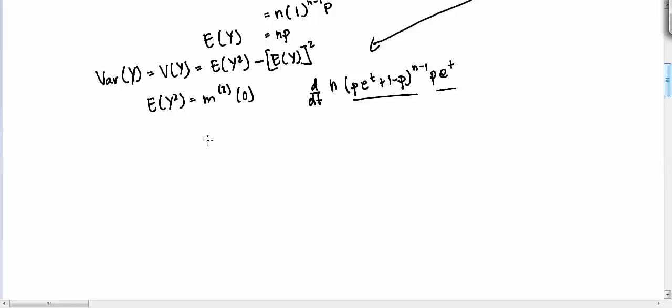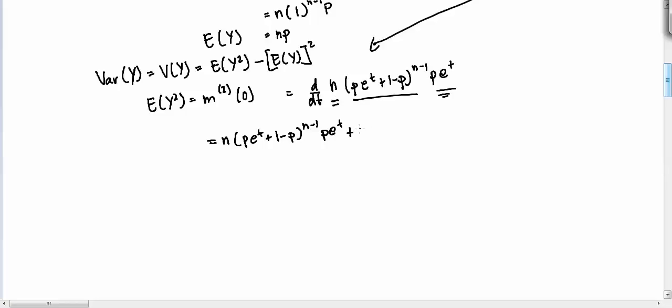This is going to be equal to, let's see, and I'm going to take the derivative of the second one first, just because that seems way easier. And then I'm going to put a plus sign, and I'm going to take the derivative of the first. So I've got n times (pe^t + 1 - p)^(n-1), and then pe^t. Taking the derivative of pe^t is still just pe^t, so that doesn't really change anything. Then I'm going to put a plus sign and write out these two terms.